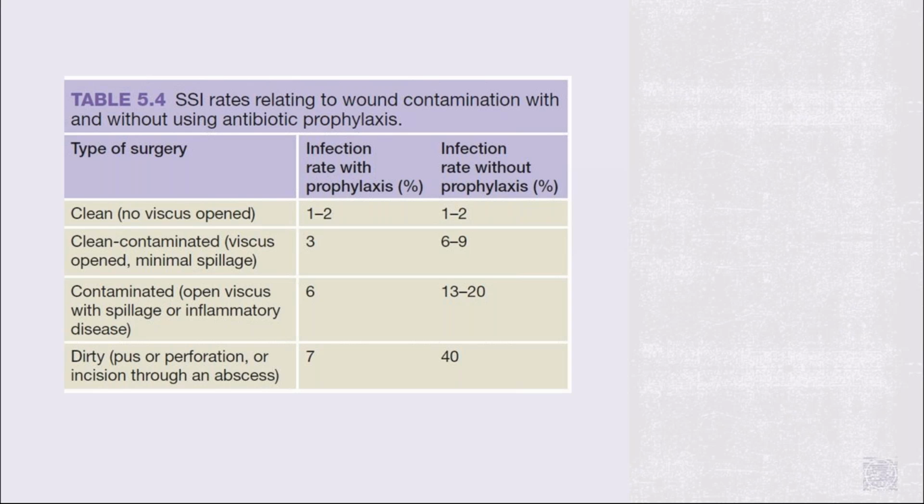Whereas dirty, that is purulent pus or perforation or incision through an abscess, all this comes under dirty wound. Here the infection rate with prophylaxis is only 7%, whereas without prophylaxis it is too high, that is 40%.